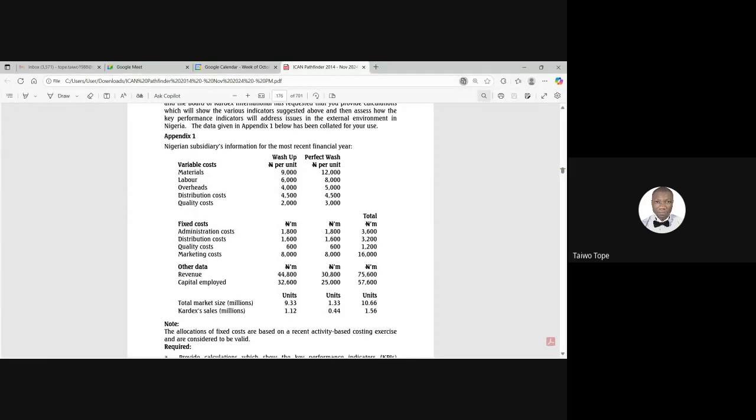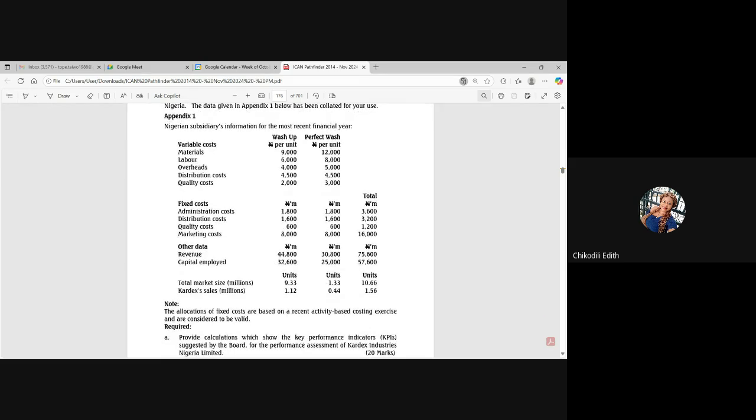You have variable cost per unit for Wash Up and Perfect Wash. It means these costs are per what? Unit. Now we have fixed cost. Fixed cost is not given per unit. It means it's in total. You must be able to see that.